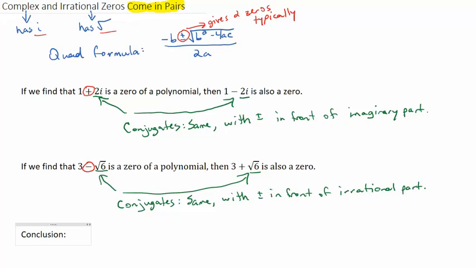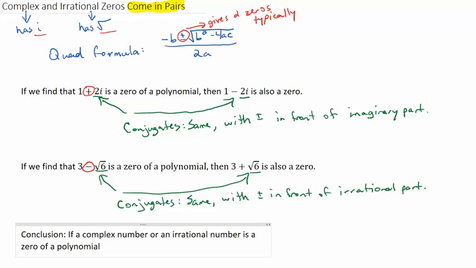So our conclusion from this video, the most important statement from this video is, if a complex number, and when I say a complex number, I mean a complex number that has i, or an irrational number is a zero of a polynomial with rational coefficients, then its conjugate must also be a zero.